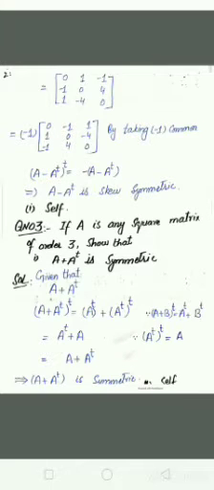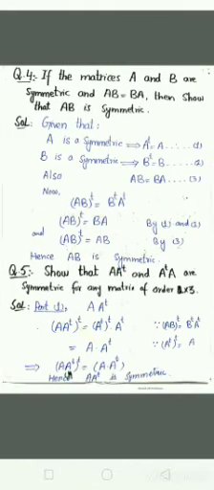Now we should go to the next question, which is in your smart syllabus, question number 5. In this question we have to show that A into A transpose matrix and A transpose into A matrix are symmetric matrices for any matrix of order 2 cross 3.